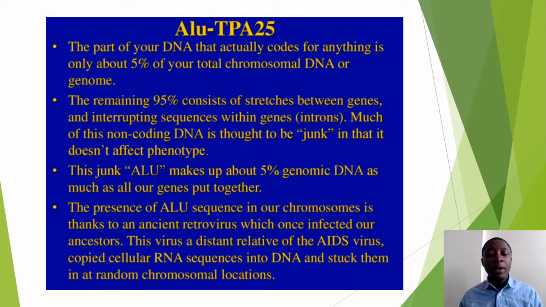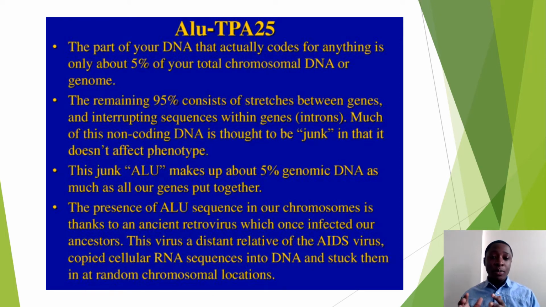So now let's talk about ALU. In our DNA sequence, only 5% actually codes for proteins. The remaining 95% is called junk DNA, and we think it doesn't do anything.